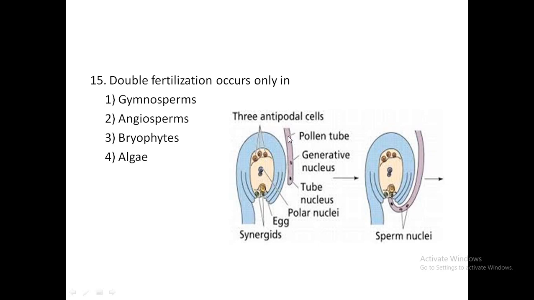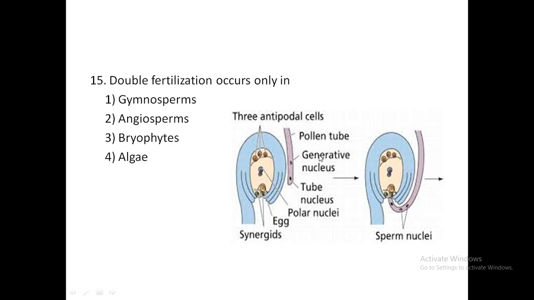And the male gametophyte, as you already know, in angiosperms and gymnosperms is the pollen grain. Now, the pollen grain produces two male gametes. The generative nucleus divides into two male gametes.